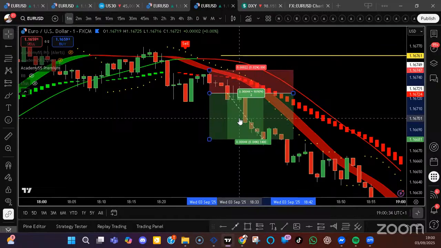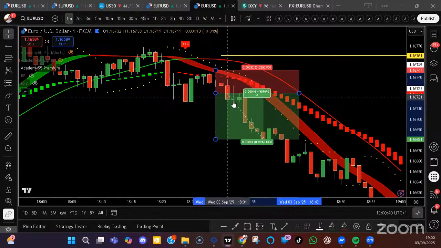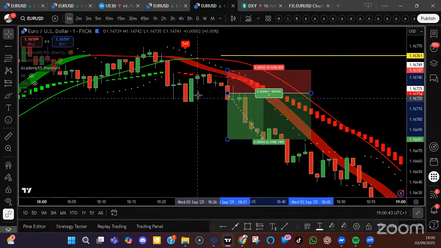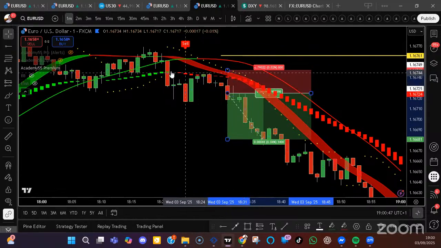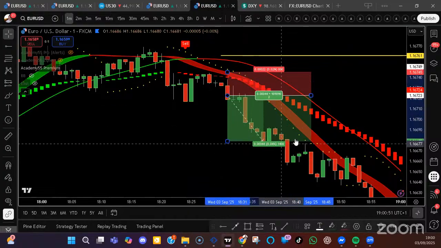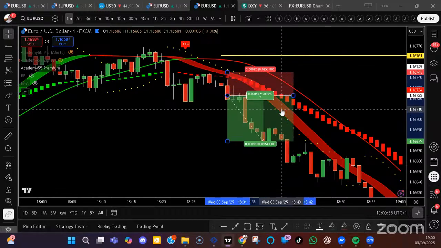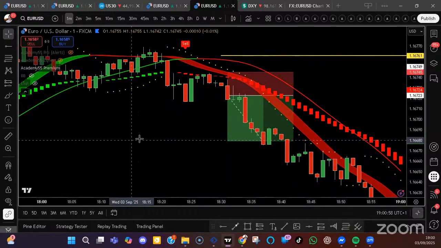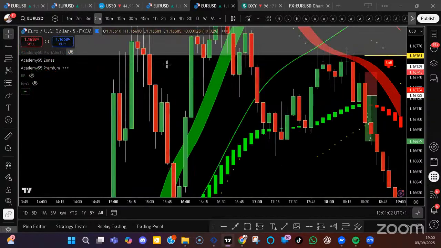Well, actually, no, because you would have got into it at 2.2, which means you would have got into it there because you haven't reached the 2.2 limit yet. But the stop loss is still there. 2 to 1. So that's another successful trade, if you wait for price to get into your sell zone, all that good stuff.